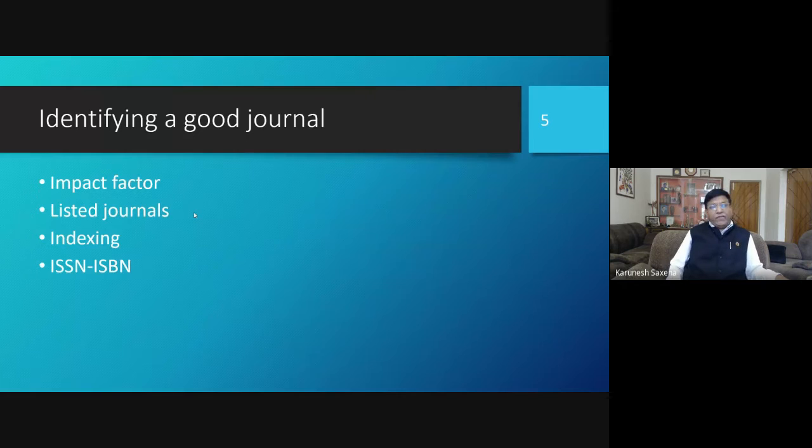When you want to identify a good journal, you must at the least go for the UGC CARE list of journals. The problem with the UGC CARE list is that when you are publishing your paper, it is there in the list, and later on after 6 months or 1 year when you visit, you find that the journal has either been removed or whatever.